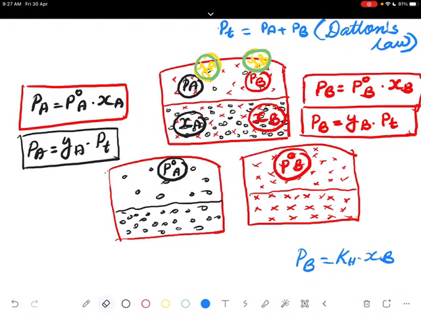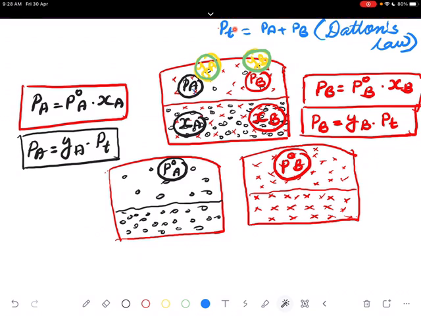Now here we have to see five equations. One is PA is equal to P naught A XA, Raoult's law. PB is equal to P naught B XB. Then PA is equal to YA P total. PB is equal to YB P total. Then PA plus PB is equal to P total.